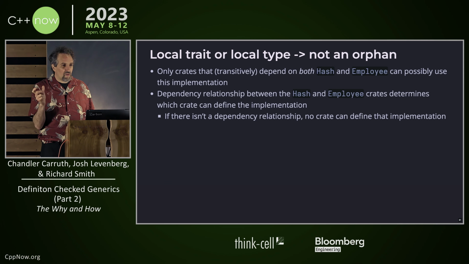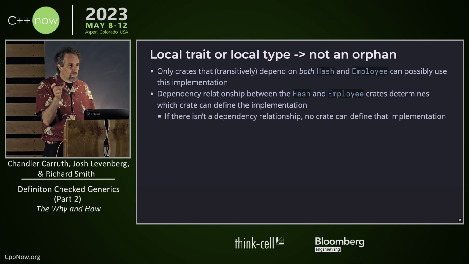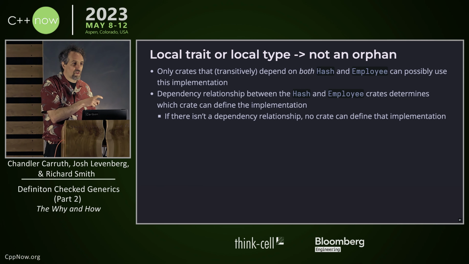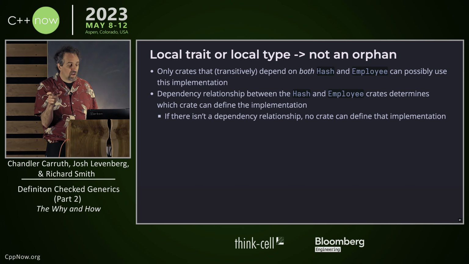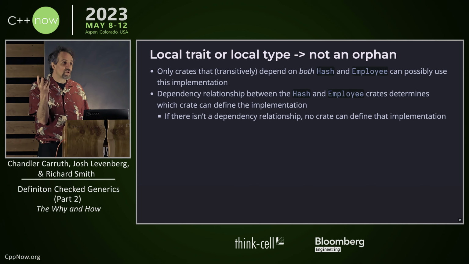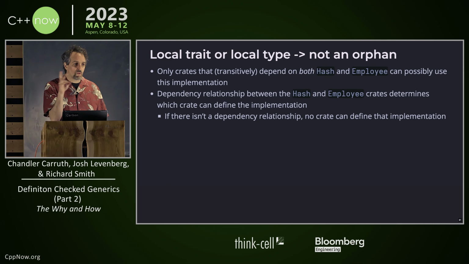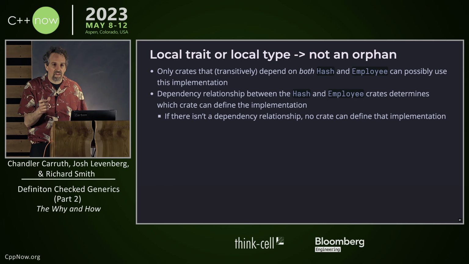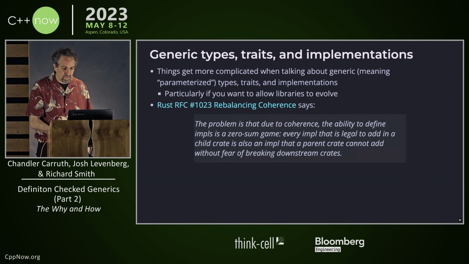But notice how the dependency relationship between the crate with a trait and the crate with a type determines where, or even if, the implementation can be defined. If there's no dependency relationship between those, there may not be any crate that can define that implementation.